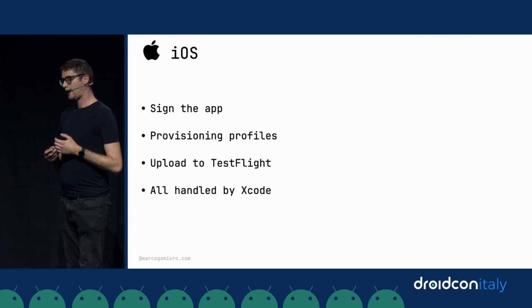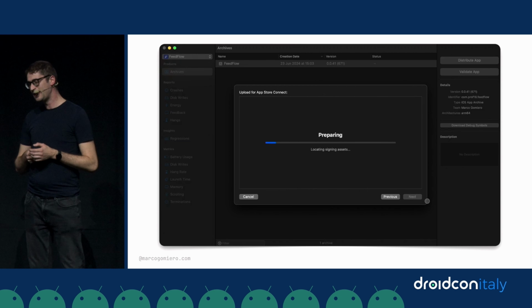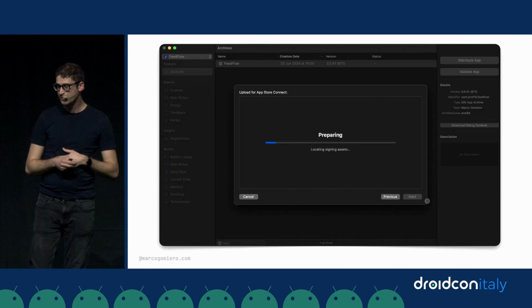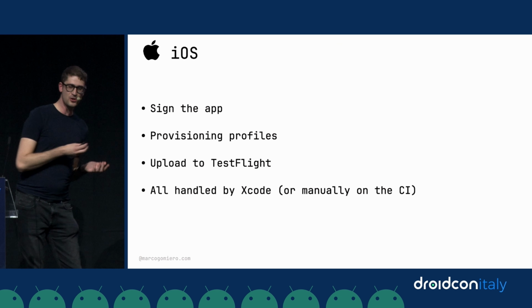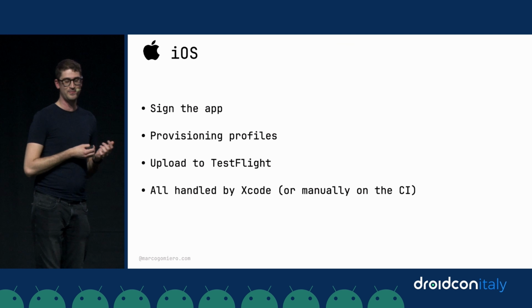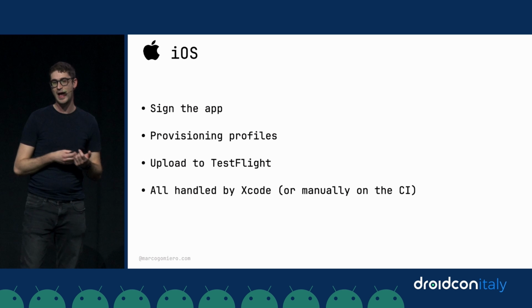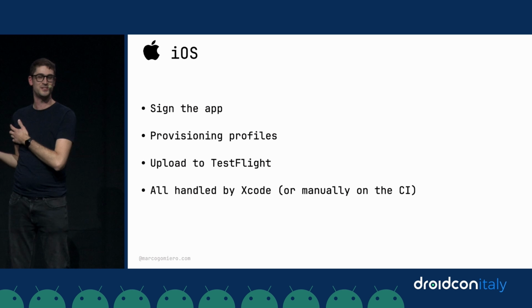All of those steps are handled by Xcode. So if you want, you can just click next, next, next, and Xcode will handle the thing for you. But of course I don't like Xcode, so I'd rather do the thing manually on CI. If you have to do it on CI, you have to do it manually, but it's a bunch of things that are better than dealing with Xcode, in my opinion.